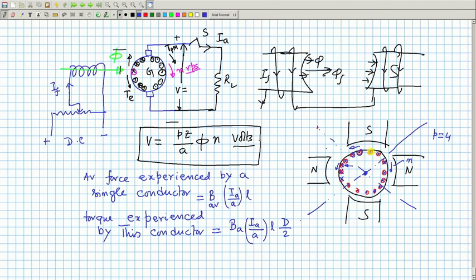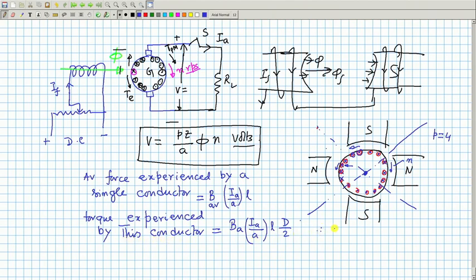Same B average, same I_A by A, L, d by 2. Every one contributes. No conductor experiences a force whose direction will change. Therefore, all the torques will add up, is it not? Therefore, the total torque experienced by a single conductor is this.